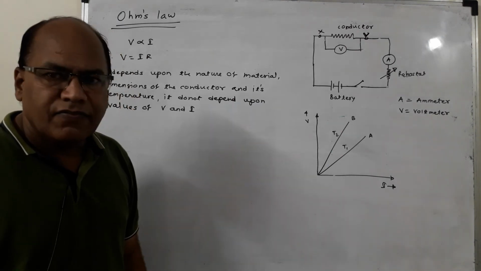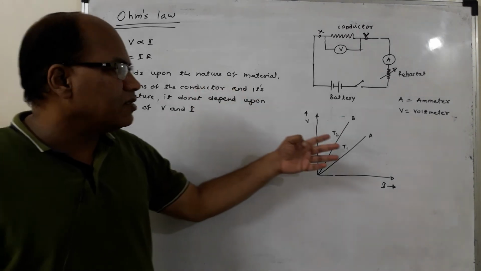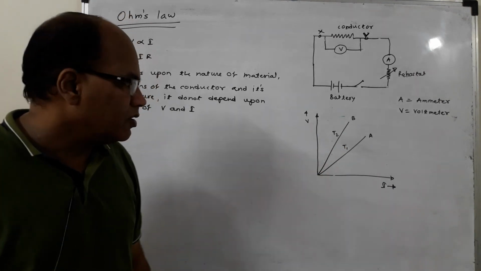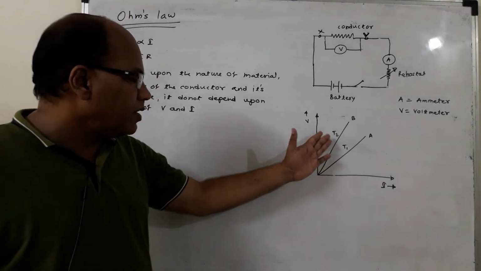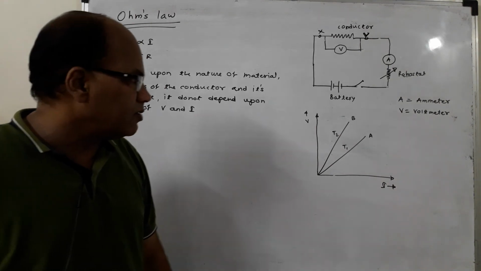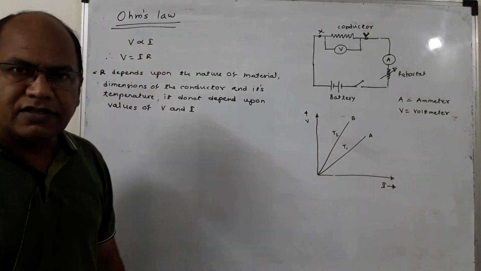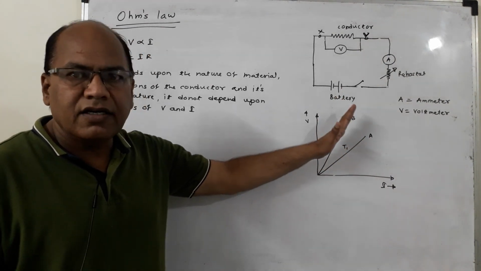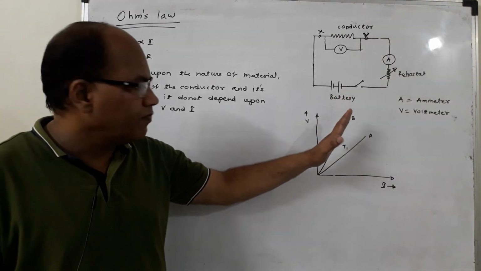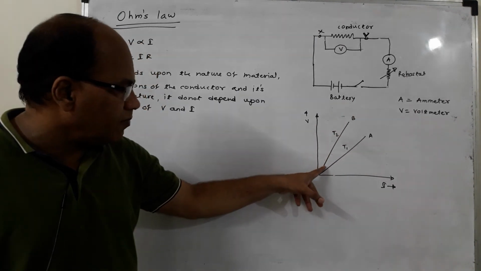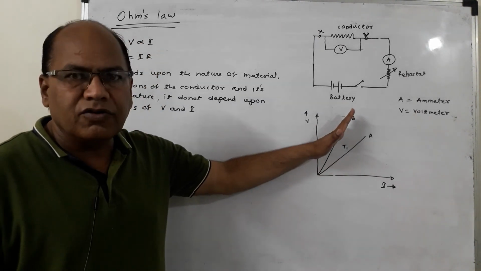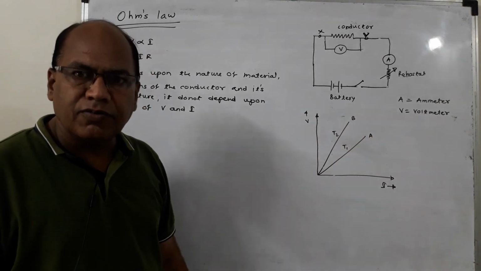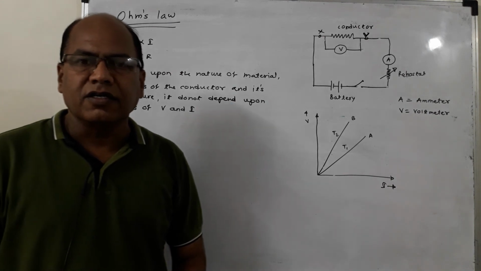This straight line means Ohm's law is obeyed, because the potential difference is directly proportional to the current flowing. Now if the temperature is varied, it may change. The higher the slope, the higher is the resistance of the material. So for this material B, the resistance is going to be higher because its slope is higher. For lower values of the slope, the resistance is going to be smaller.